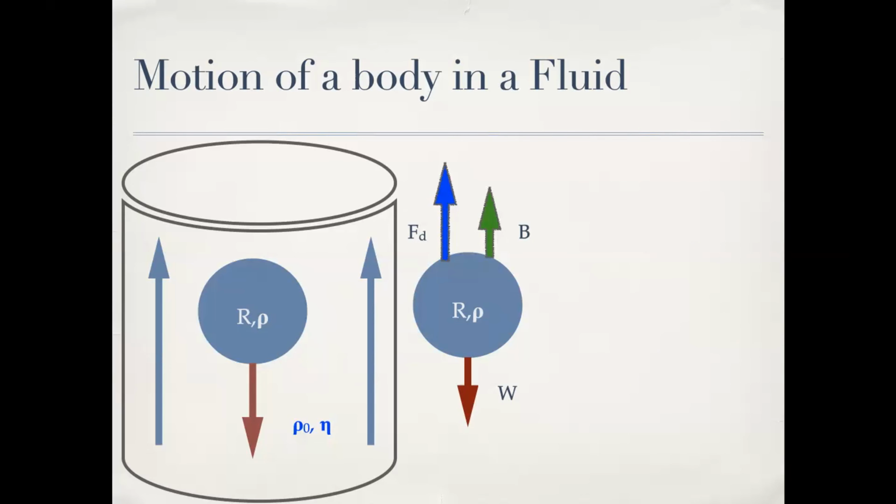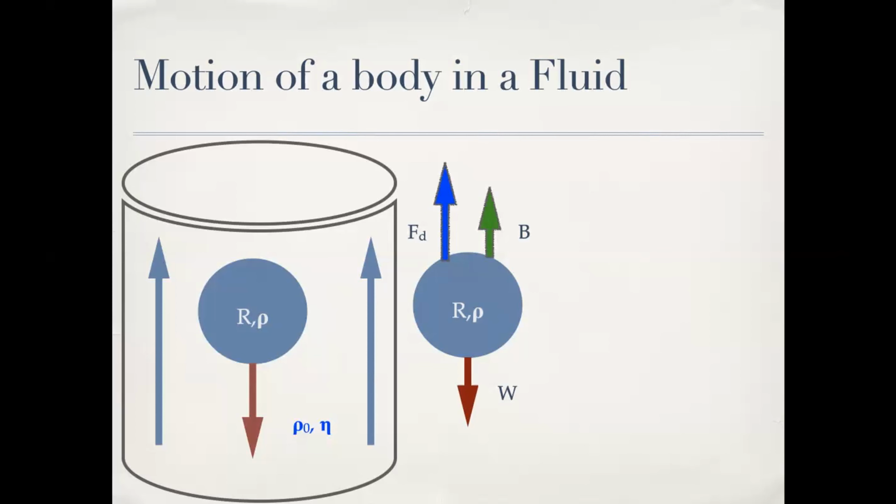So now we have the diagram of forces acting on our body. There is one force denoted by a red arrow, which points downwards, and that is the weight of the sphere. And there is another force which we discussed, talking about the Archimedes principle, and this is the buoyancy force, which I have denoted as a green arrow, pointing upwards.